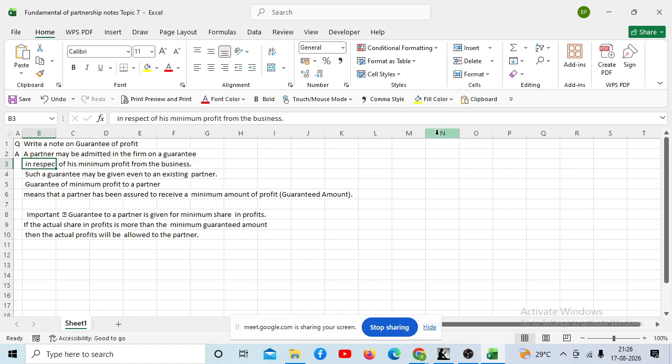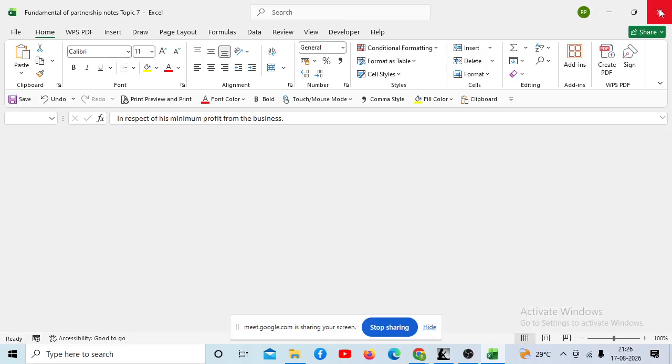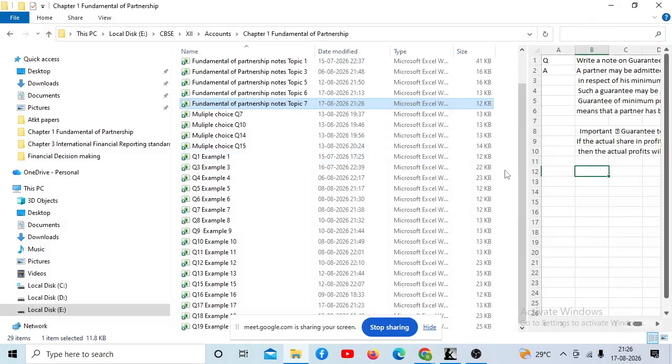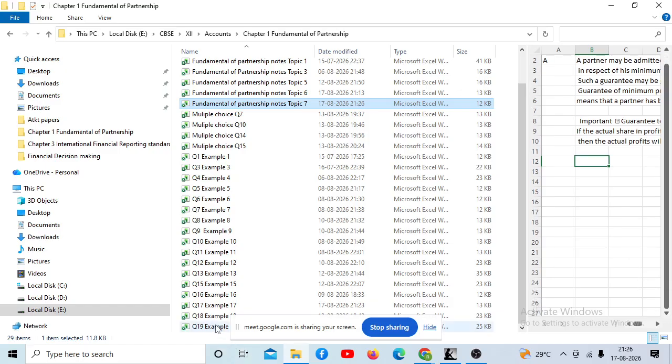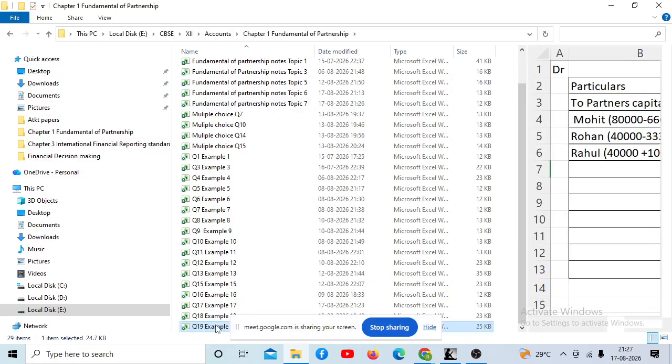So let us solve a problem based on this, so that you will understand it properly. Last we solved 18, right? Last question was 18th, no? Sir, I did not write the number. Yeah, it was 18th. Let us solve this 19th number question.